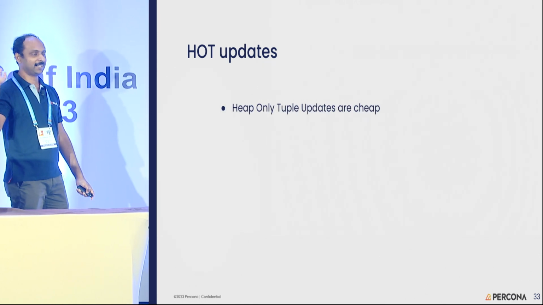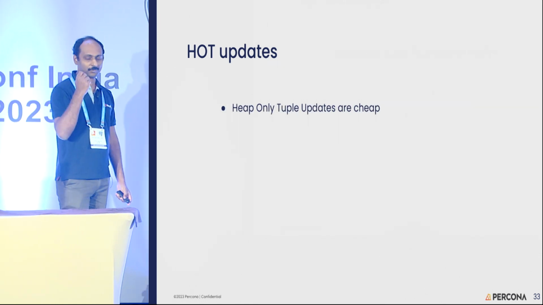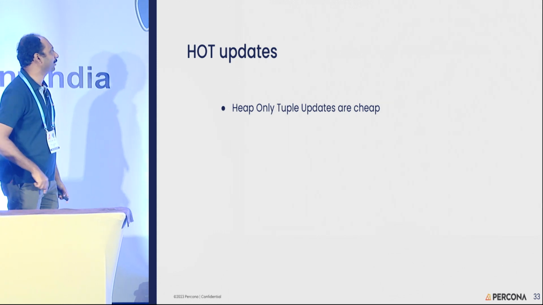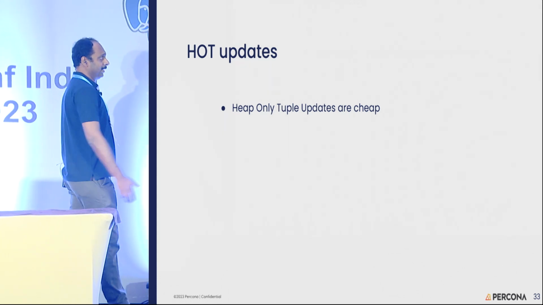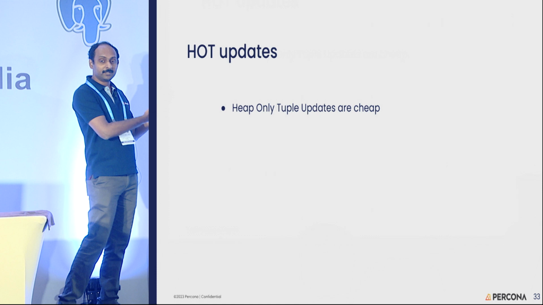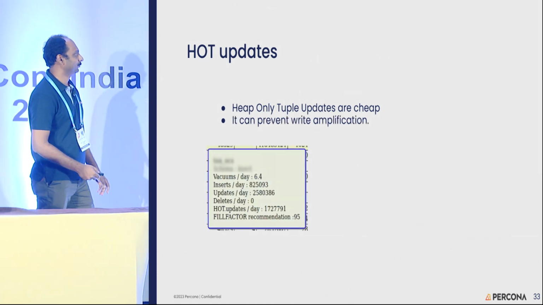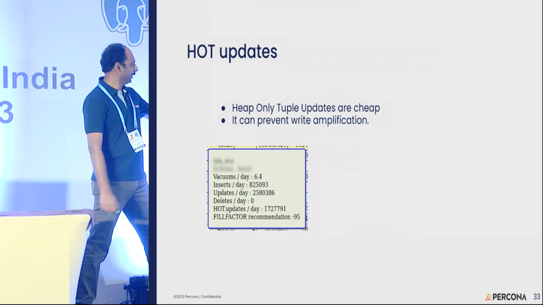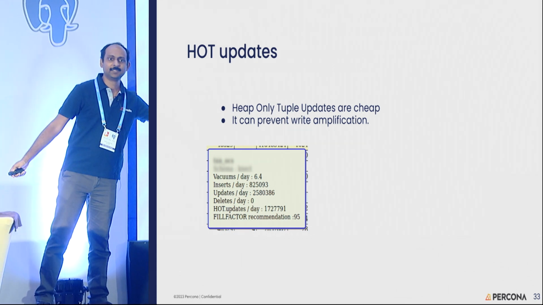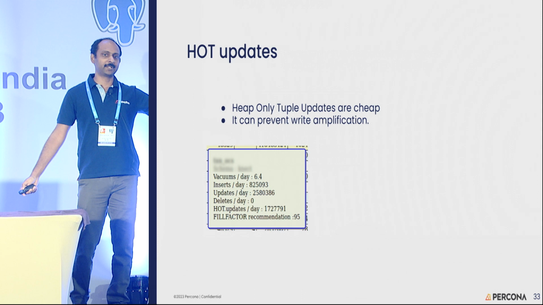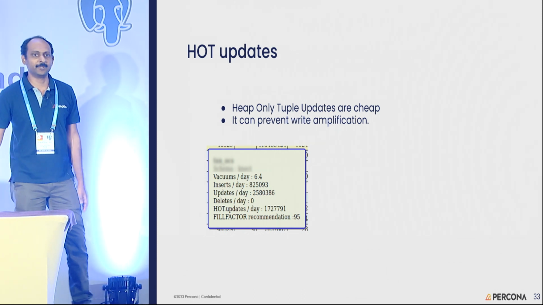And HOT updates. Today, multiple times I heard, Bruce also mentioned, the improvements happening in heap-only tuple updates. This is an area where we can get a lot of benefit if you properly tune the table. Basically, we need to adjust the fill factor. But we need some tool recommendation on what the fill factor should be.